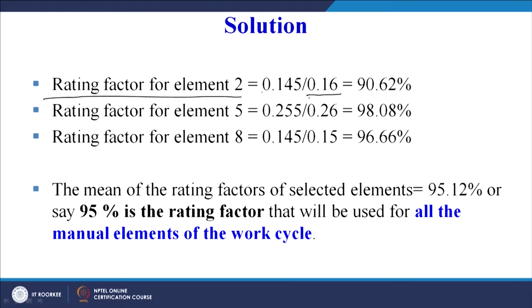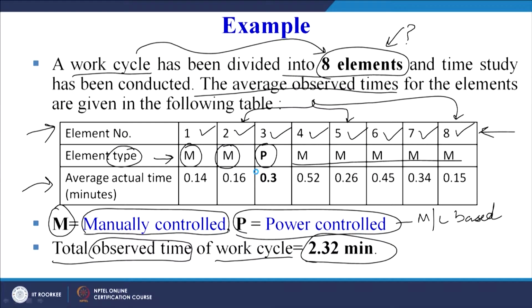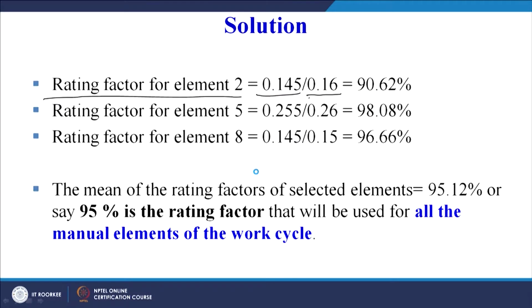So the PMT data for element 2 is 0.145, taken in the numerator, and the actual data which was recorded, given in the problem, is 0.16.